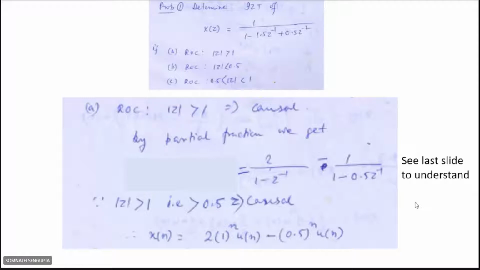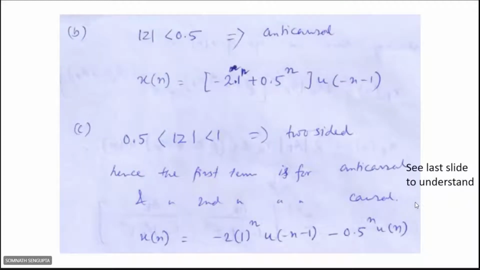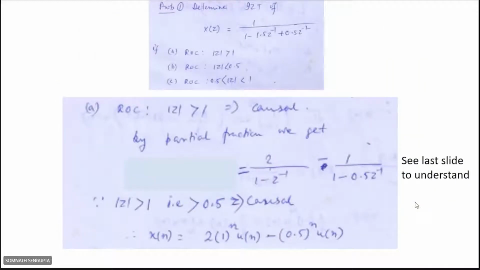So for that, this would be your signal. The expression at the bottom is actually your solution: 2 into 1 to the power n u[n] minus 0.5 to the power n u[n].